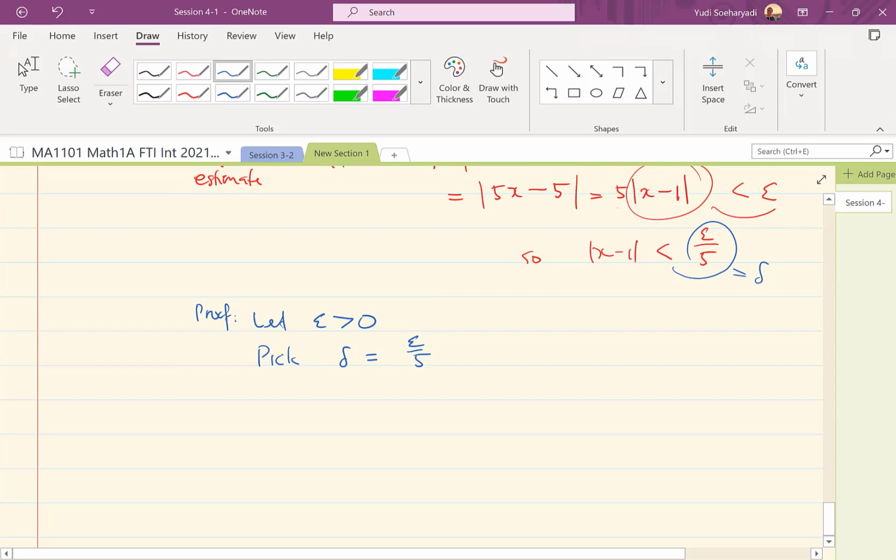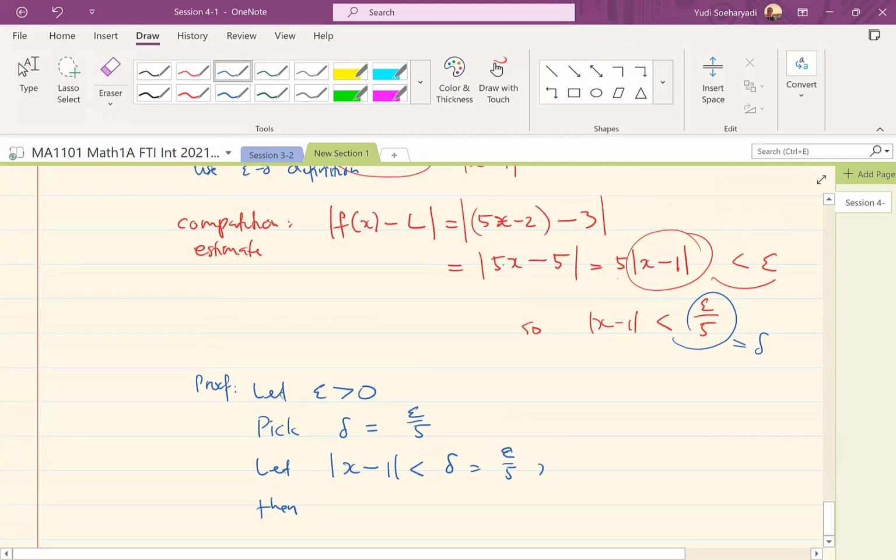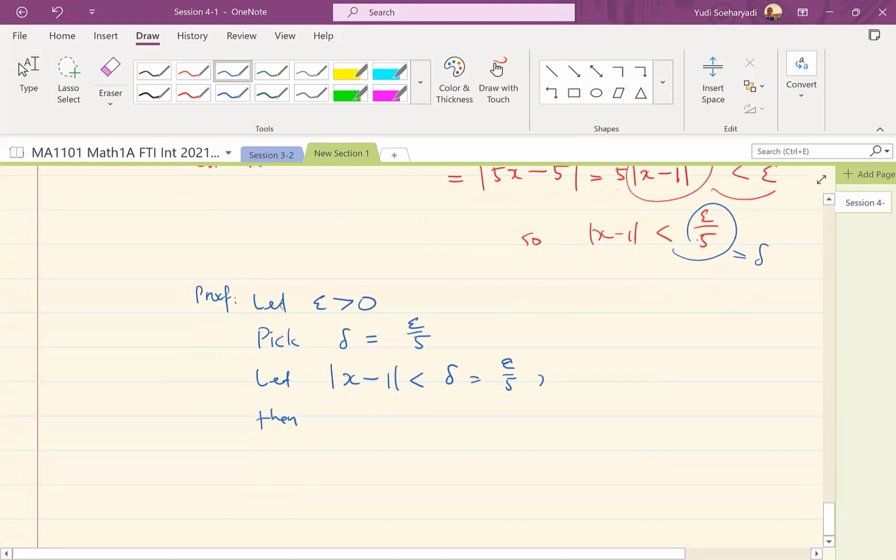Okay, so let's assume that the absolute value of x minus 1 is less than delta, which is epsilon over 5. Then what happens to this? We repeat these computations, but going backward.